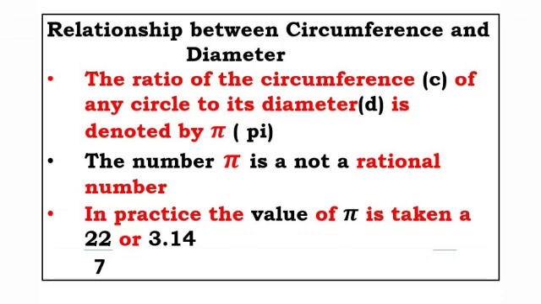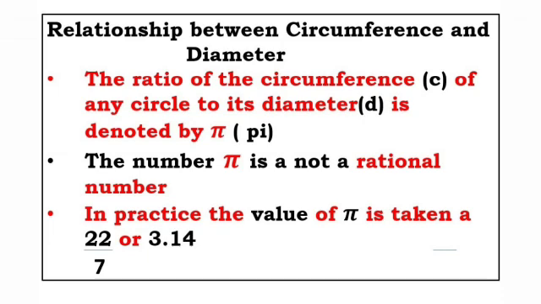Now let's see the relationship between the circumference and the diameter. The ratio of the circumference C of any circle to its diameter D is denoted by pi. The number pi is not a rational number.